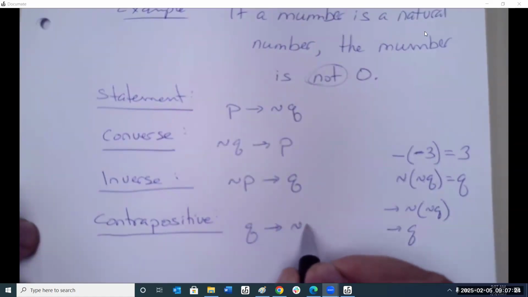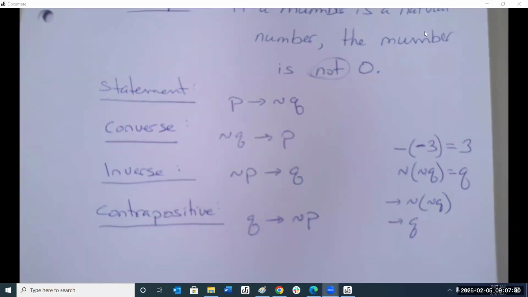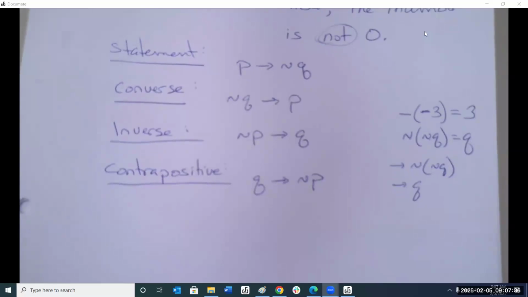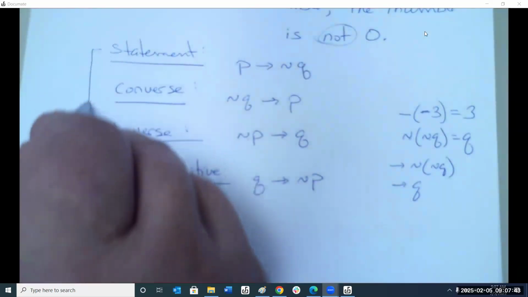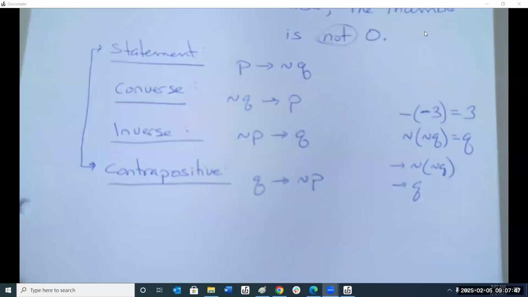If Q, then not P. Very good. So far, so good. Let's look at the first and the last ones.